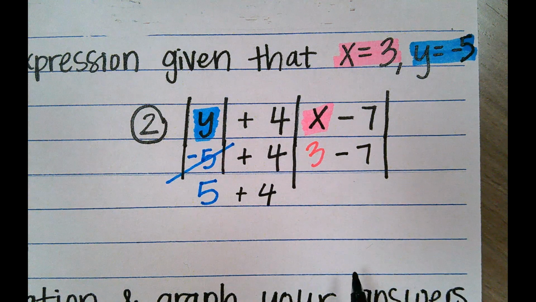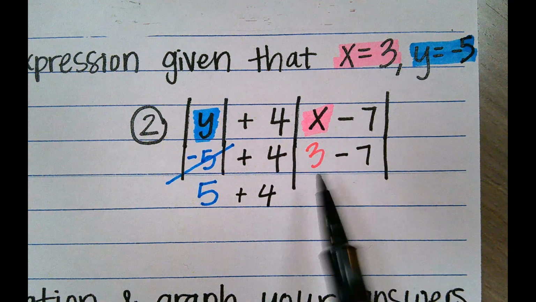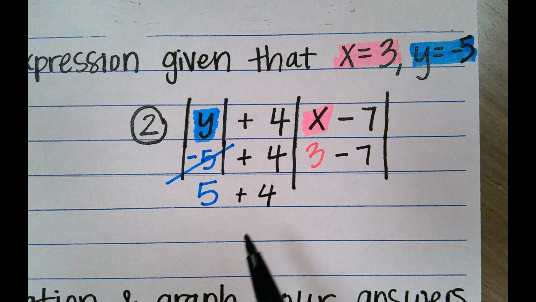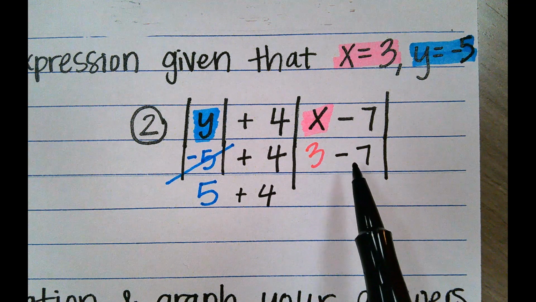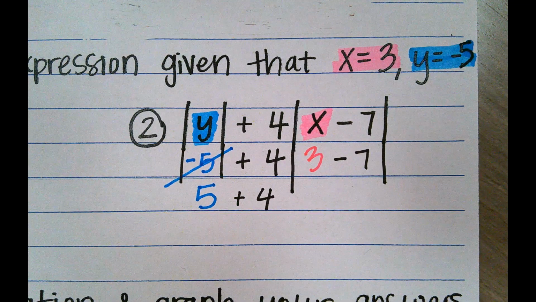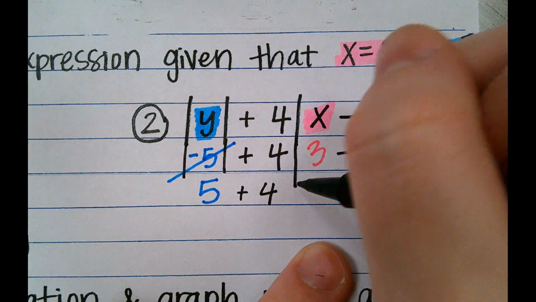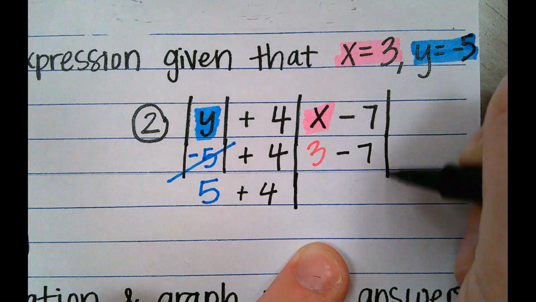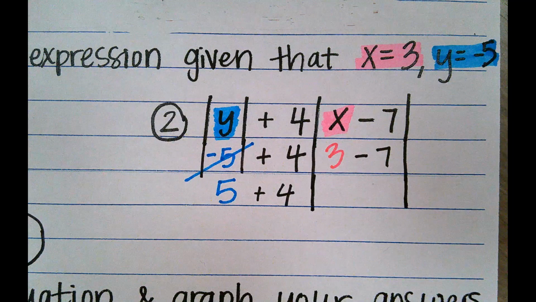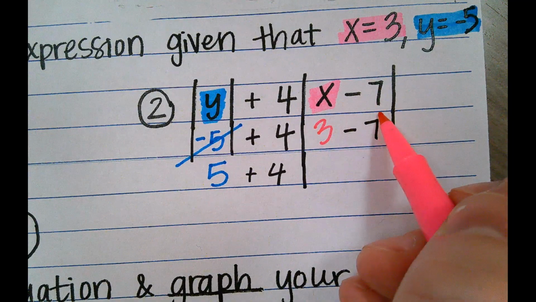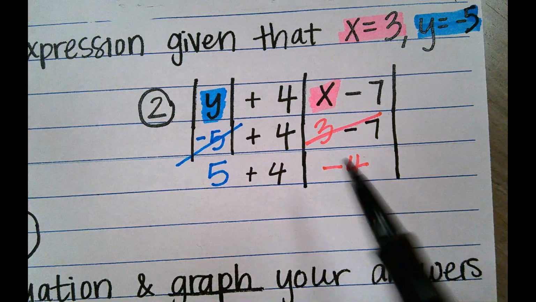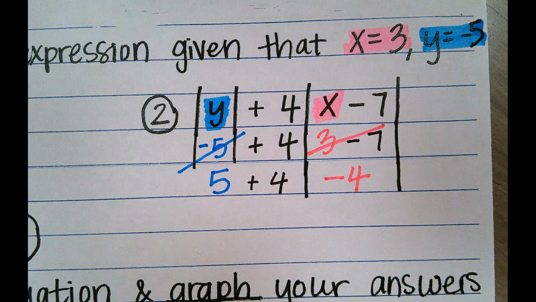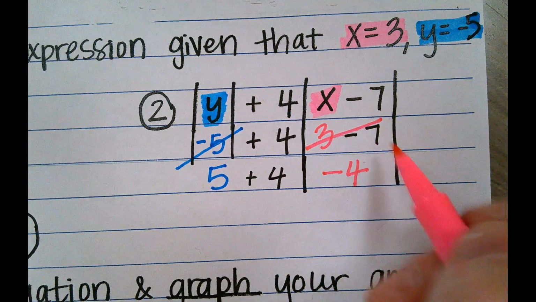Now, can we simplify these absolute value bars? 3 minus 7 is negative 4, and then the absolute value of that. Perfect. I'm going to write the steps down so that we know what's happening. I'll bring down my absolute value bars because 3 minus 7 is negative 4. And then the absolute value of negative 4 is positive 4.